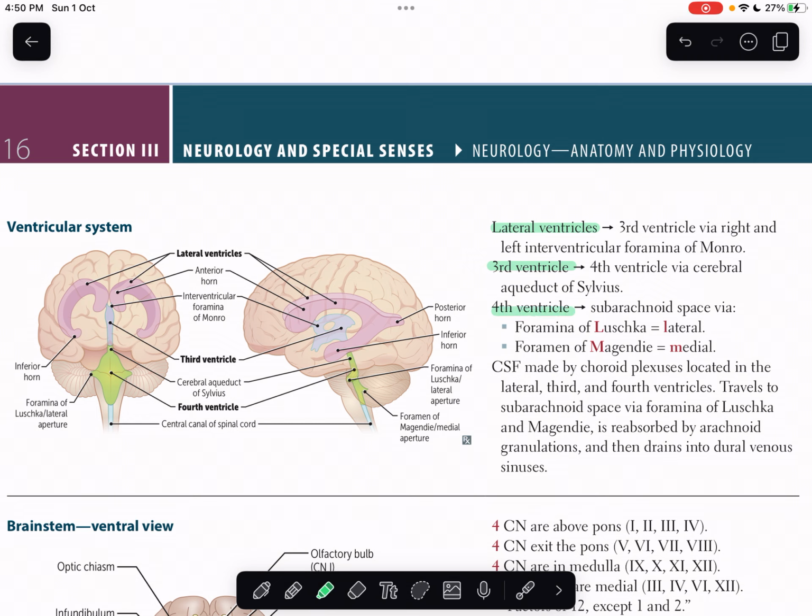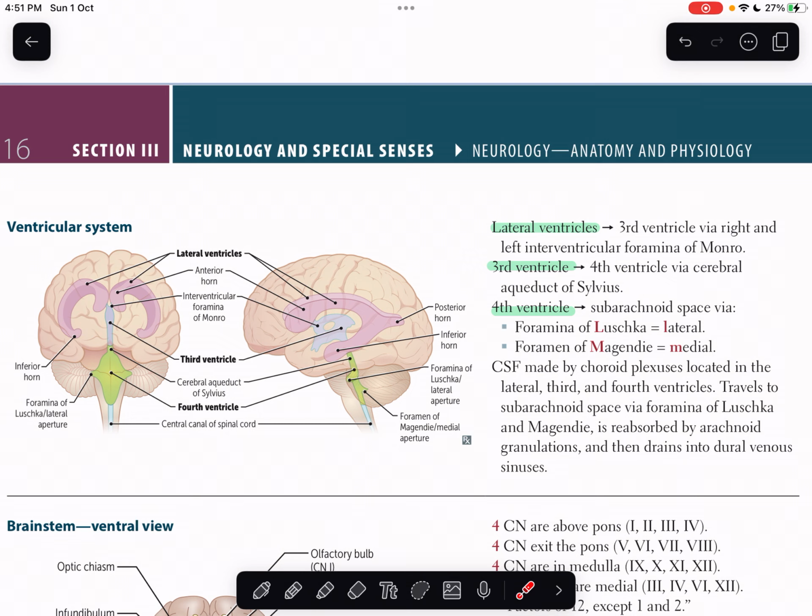So it says that the lateral ventricle drains into the third ventricle via the right and left interventricular foramen of Monro. So this means that we have this lateral ventricle, and the CSF is going to go into the third ventricle via the foramen of Monro.